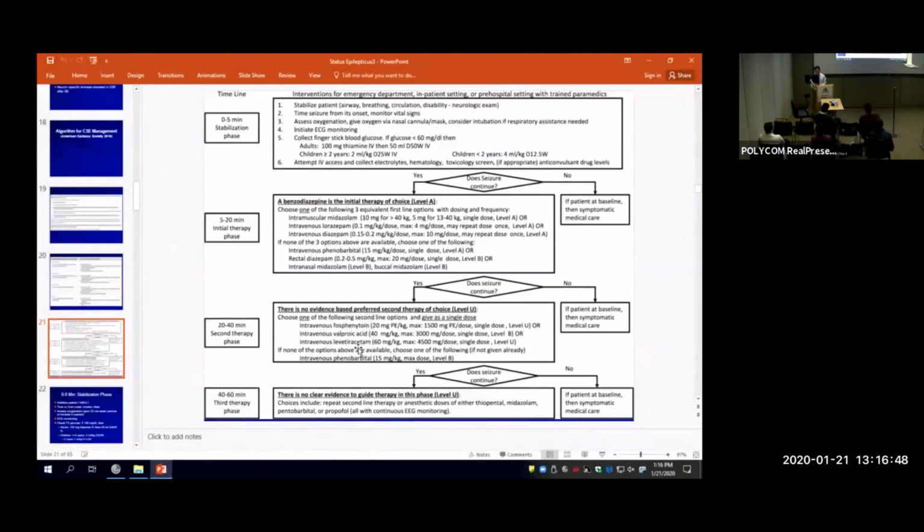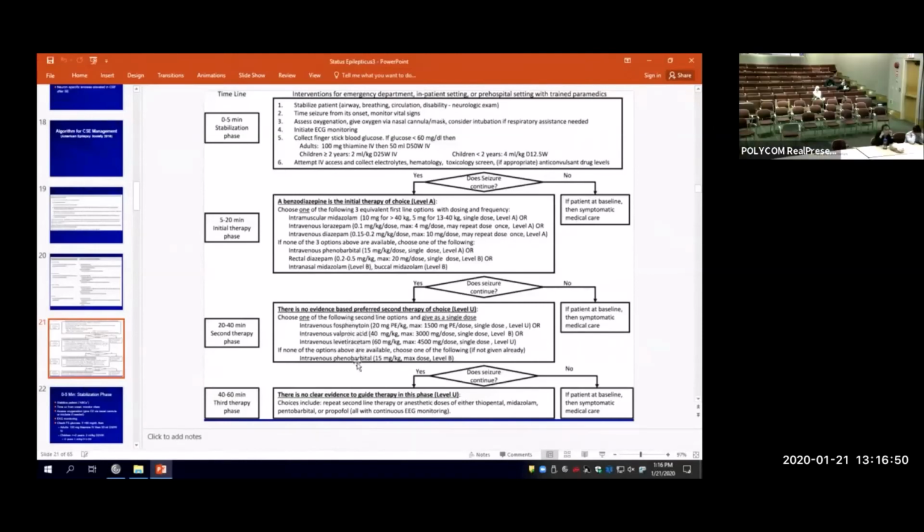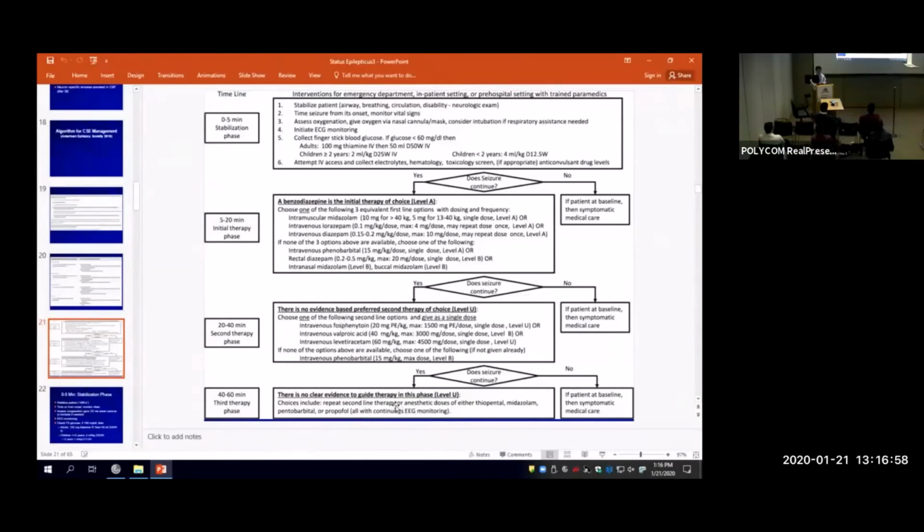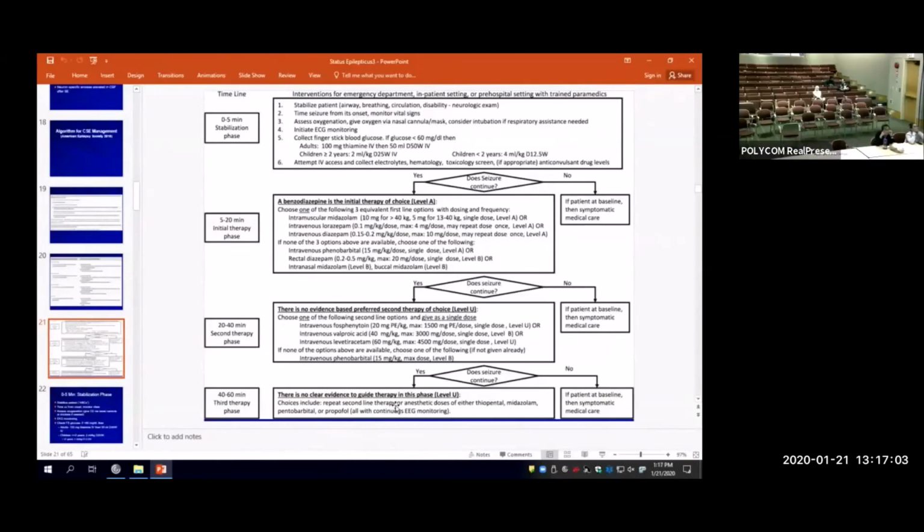If you don't have any of these available, you can go to phenobarbital. And if you're still having seizures at that point, again, there's no guideline, but that's the point where people go to an anesthetic agent. So that's why you should give benzos and then either fosphenytoin, valproic acid or Keppra. If you're still seizing, then yeah, anesthesia.